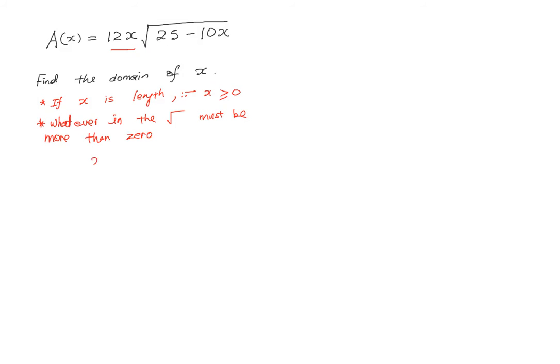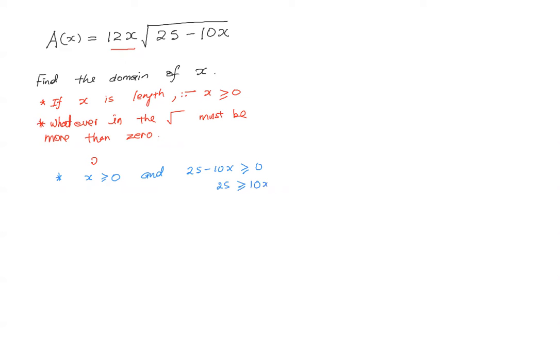So for this case, this is my answer. x must be greater than or equal to 0, and 25 minus 10x must be greater than or equal to 0, right? So 25 must be greater than or equal to 10x.